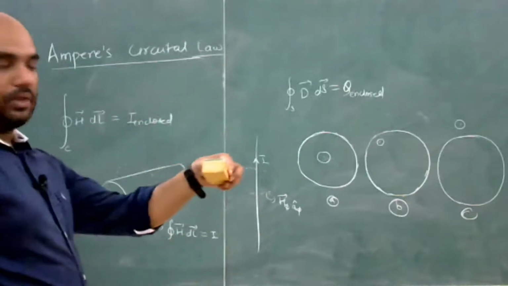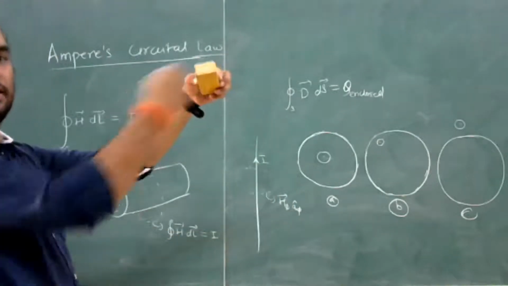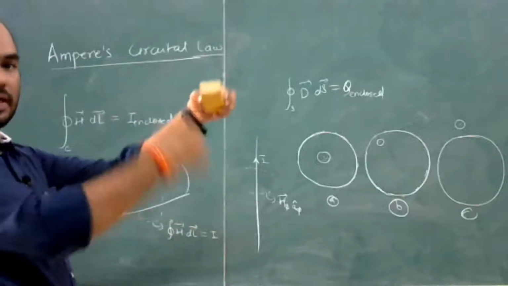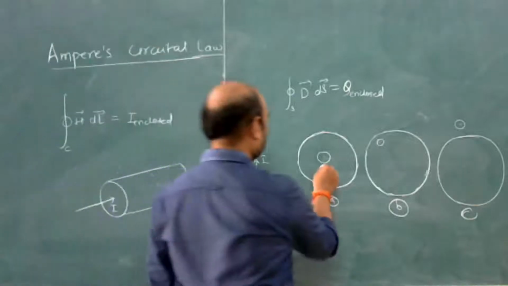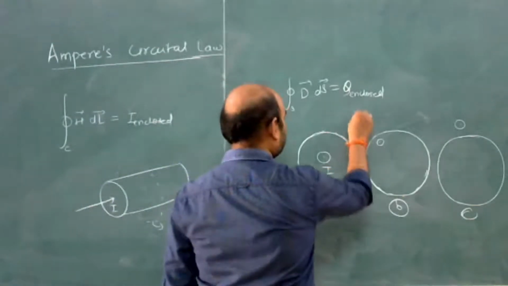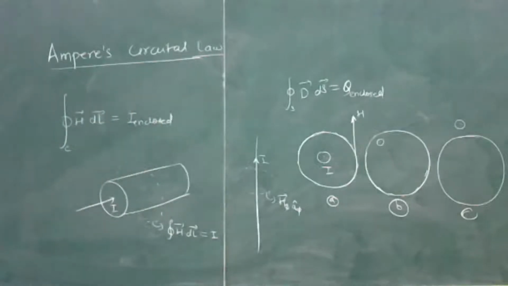In another case, the conductor is here and we take H dot dl here. This is I, and this is the direction of H.